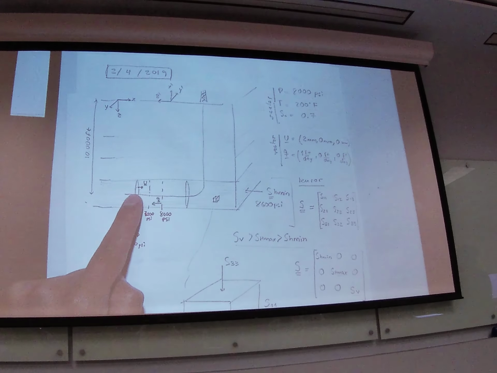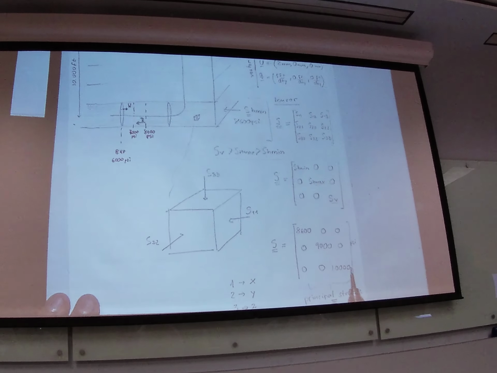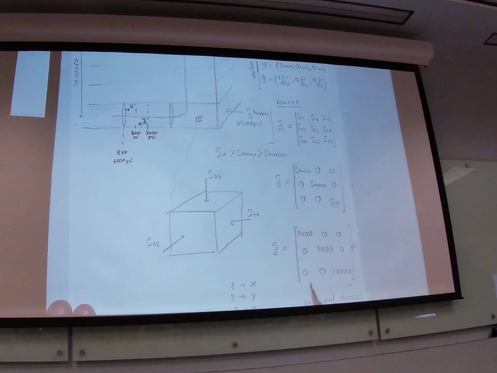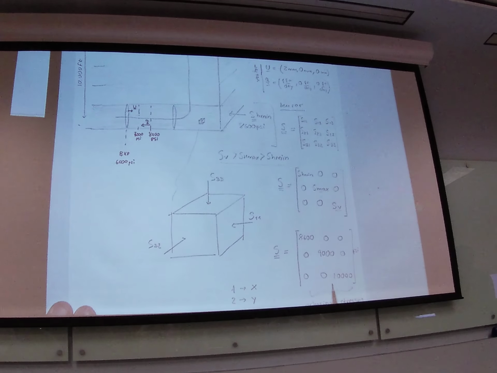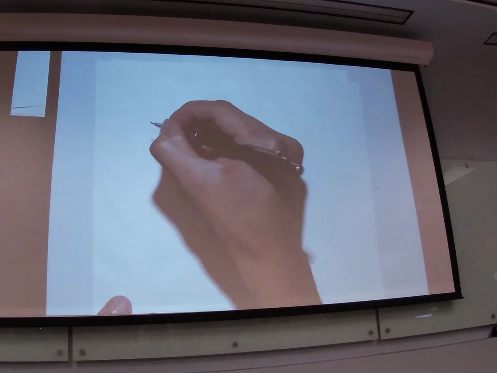It's going to be a combination of those three numbers. In the same way, the stress tensor, if you were to write it at an orientation which does not coincide with the principal directions, you will need 9 numbers in order to define it. So let me make a schematic about that.